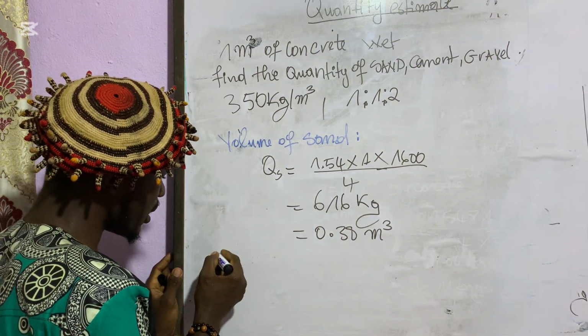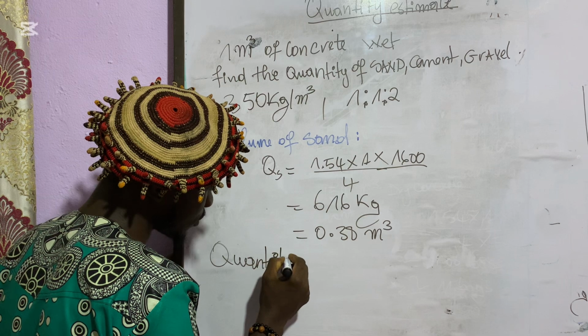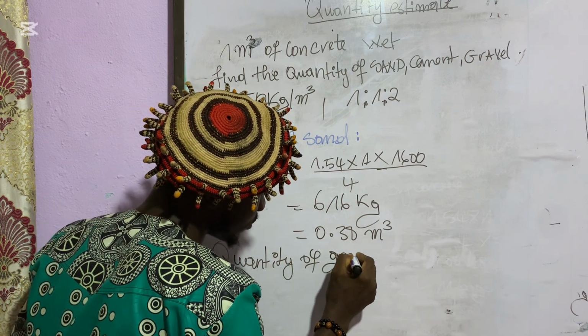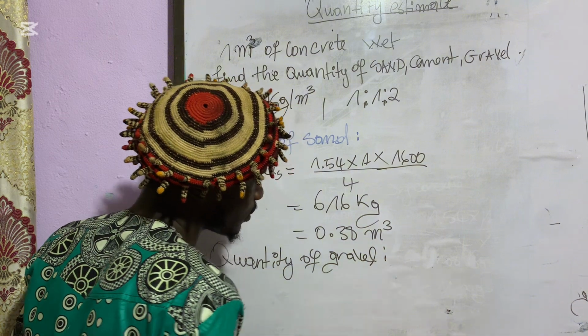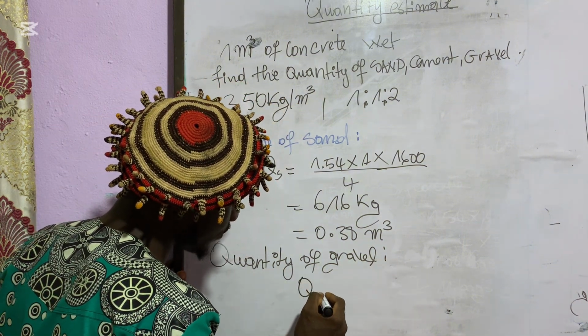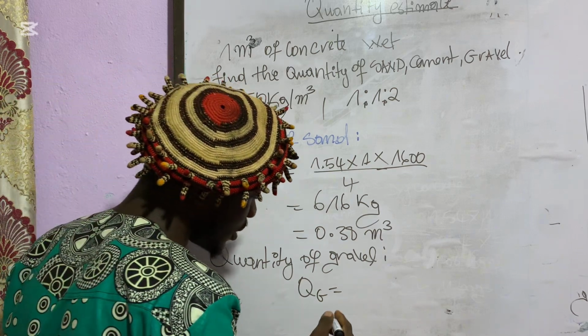So now let's find the quantity of aggregate or gravel. The quantity of gravel will be equal to what? Pure gravel, I just call it in kilogram.